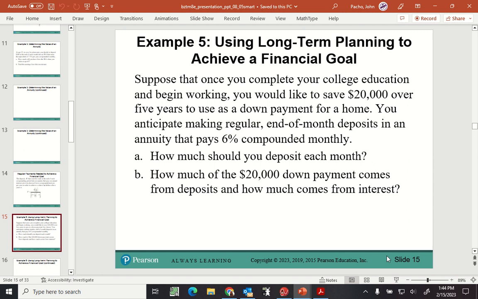So future value minus deposits, and that's going to give me the interest. You would do future value minus my deposit, which came out to this. That's what we just found out, the N times payment.